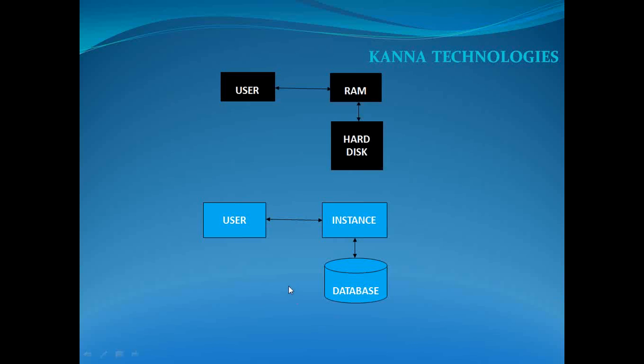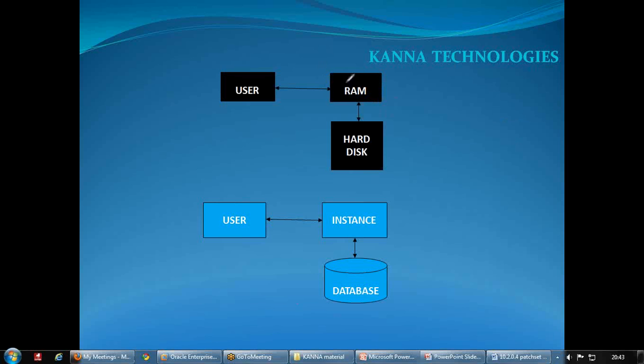As per the diagram you can see here, first it is going to check in the RAM, and if the information is not available in RAM, then it is going to pick up that file from the hard disk. After picking up the file from the hard disk, the operating system is going to place a copy of that file into RAM. Once that copy is done, the file will be given to the end user.